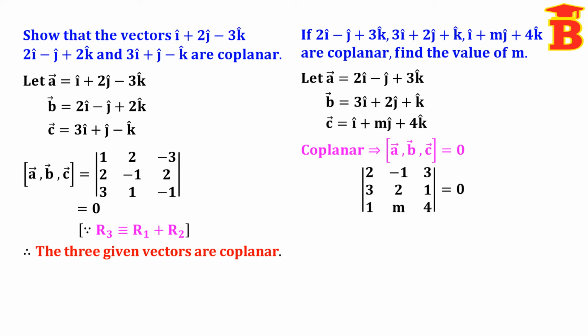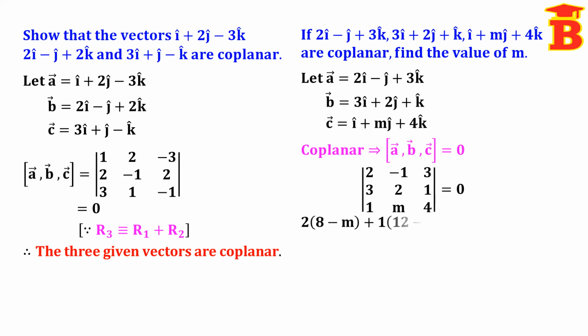Determinant first row A vector numbers 2, minus 1, 3. Second row B vector numbers 3, 2, 1. Third row C vector numbers 1, m, 4. So as per the formula, this is equal to 0.